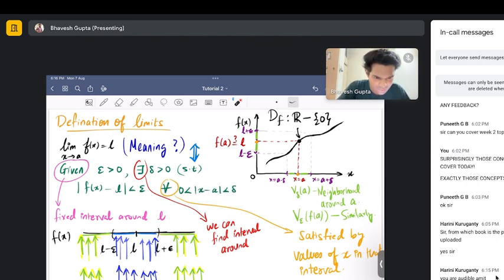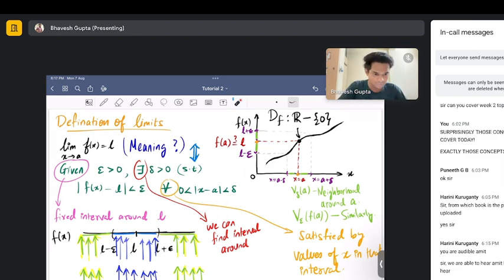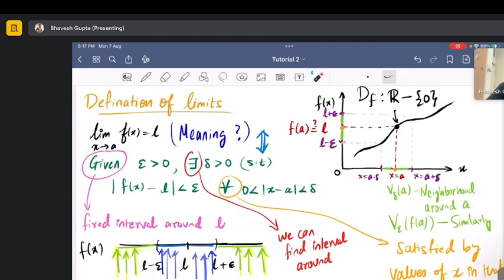Can anyone text his question? Can anyone tell me where I will get the chat? See, now I can hear you. Can you ask your question? Amit, I can hear you. Please carry on with your question.